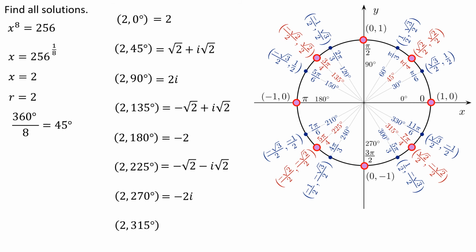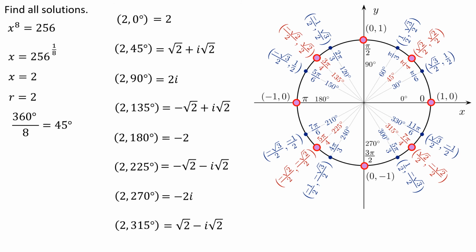Finally, as we hit 315 degrees, we'll be reusing some of those values. Of course, quadrant number 4, the x-coordinate is traditionally positive. Of course, instead of an x-coordinate, we talk about our real number component. The y-coordinate has always been negative in that quadrant.